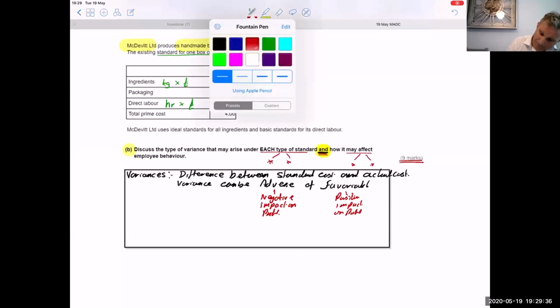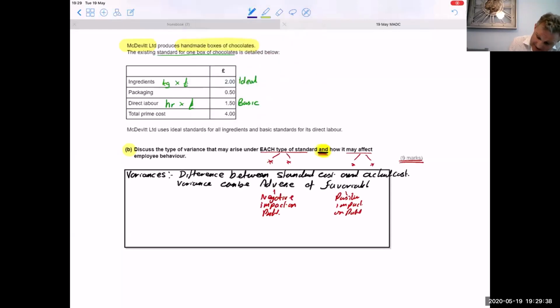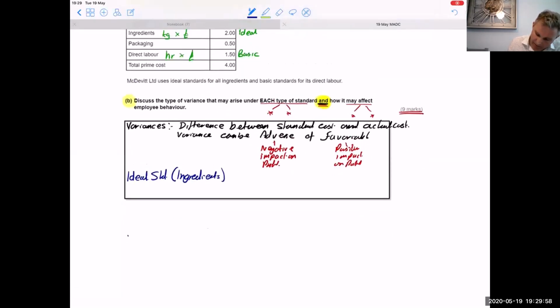And then what I would do is I'd say, well, I'm talking about two things. I'm talking about the types of variance that might arise under each type of standard. So we've got the ideal standard, which is the ingredients, and we've got the basic standard, and that's the labour.